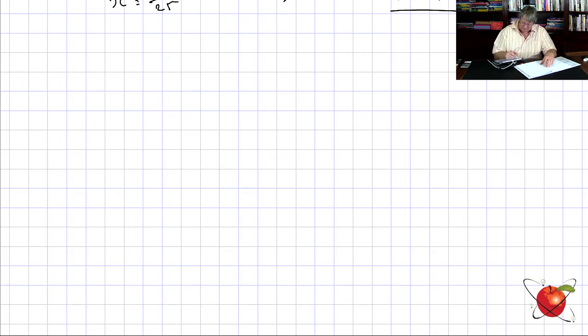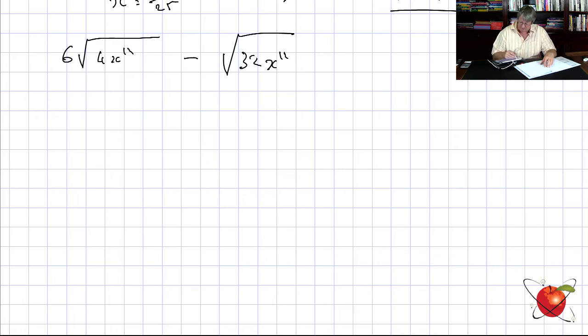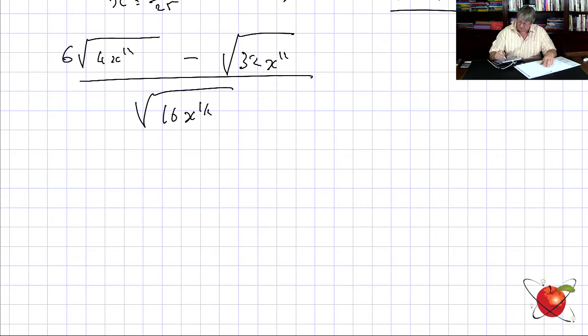Simplify 6 times root of 4x to the power of 12, okay, minus root of 32x to the 12, all over root of 16x to the 12.